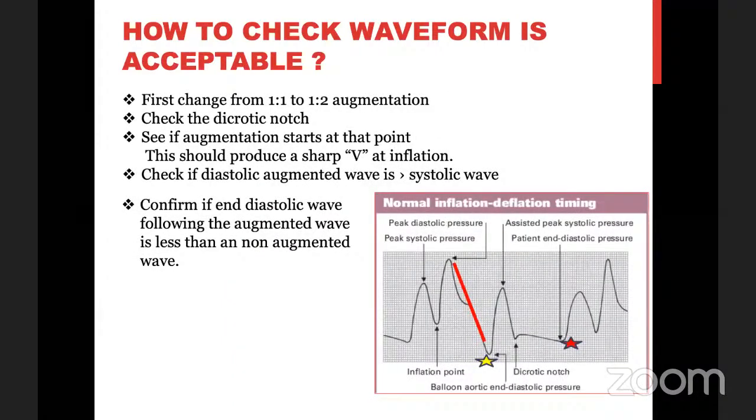Then confirm that the end diastolic wave following the augmented wave is less than the non-augmented one, as you see here. So the balloon aortic end diastolic pressure wave will be less than the non-augmented one, which is the new cycle here, as you see.